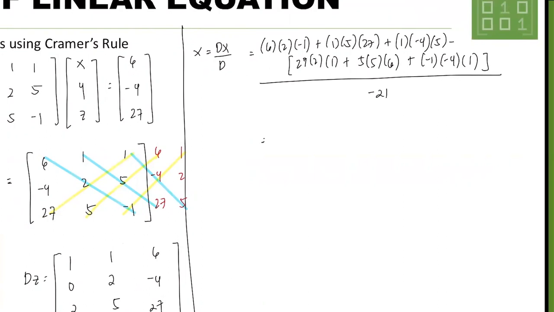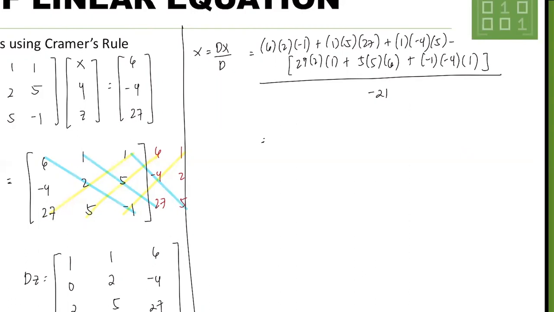So, pag kinalculate natin yung numerator, okay?